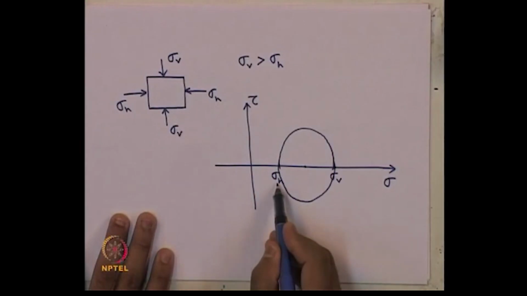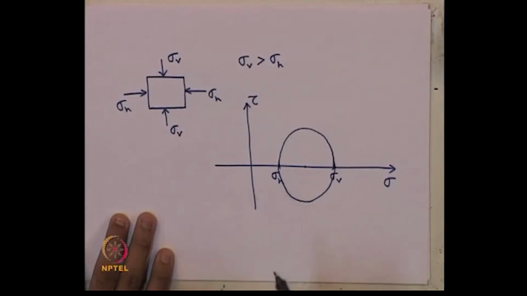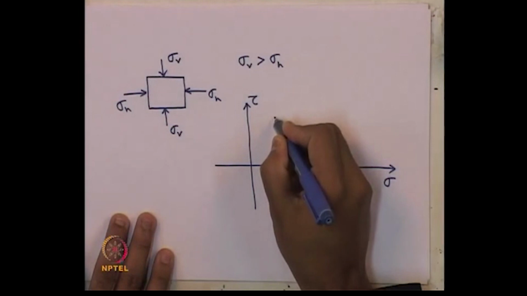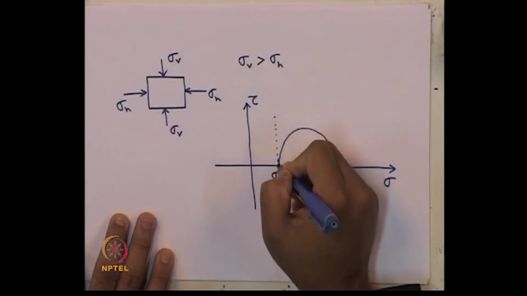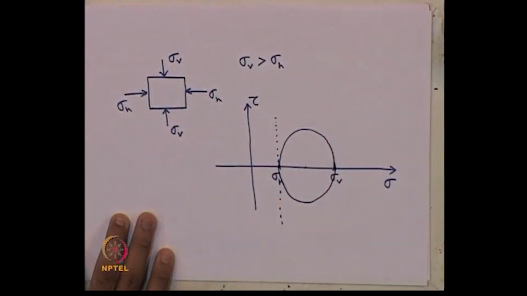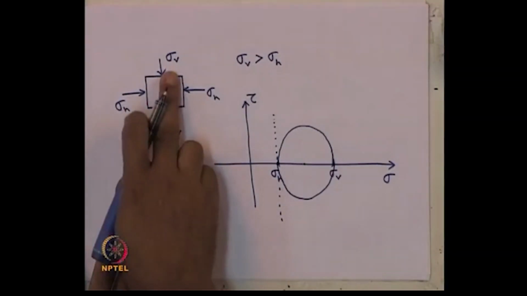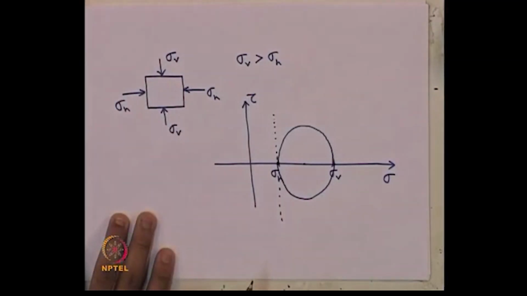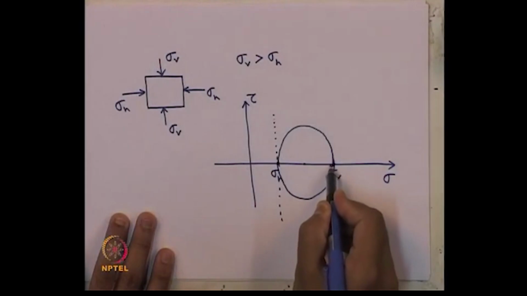So, sigma h is acting on a vertical plane. Let us draw a vertical plane for sigma h, and sigma v is acting on a horizontal plane. So, sigma v is acting on the horizontal plane.